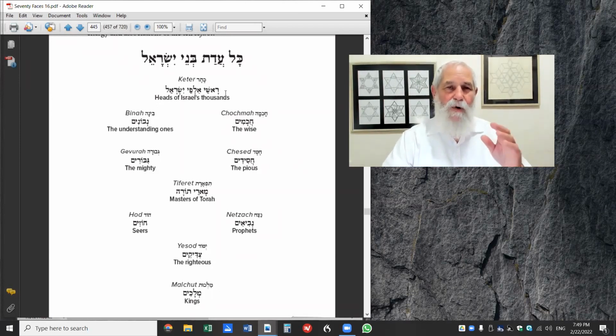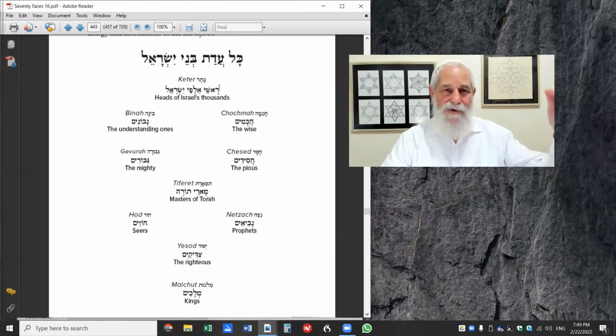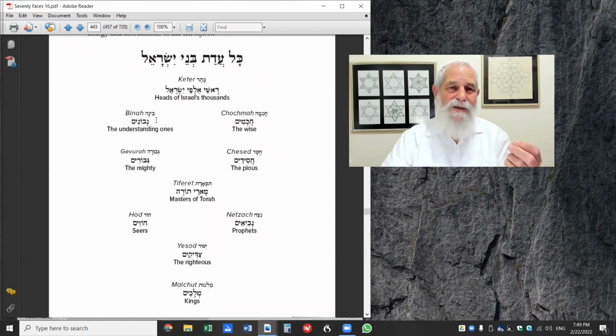So it begins with Roshei Alfei Yisrael, the heads of Israel's thousands, because Keter is the Rosh, the head; the leaders of Israel are connected to Keter. Then in Chachma, you have the Chachamim, the wise, the same word. In Bina, you have what are called the Nevonim, the ones who understand. And these are all terms found in the Bible, in the Tanakh.